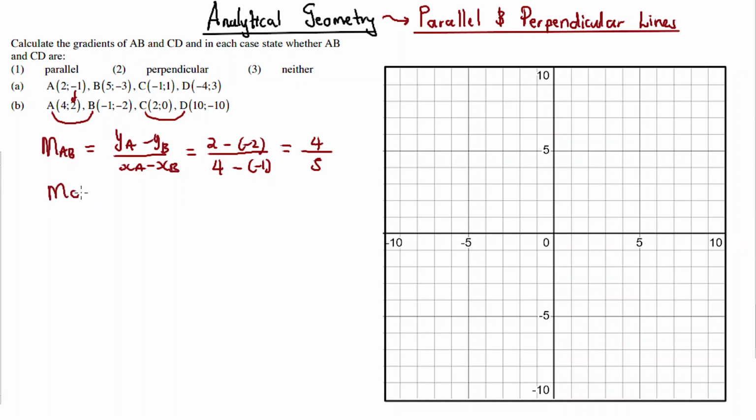Then let's do the same thing for CD and work out the gradient. YC, that's 0, minus YD, that's minus 10, over XC, that's 2, minus XD, that's 10. 0 minus negative 10 is a positive 10, over 2 minus 10, that's minus 8.